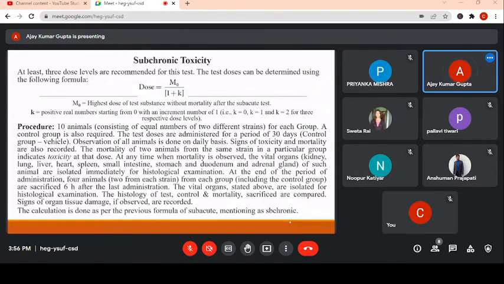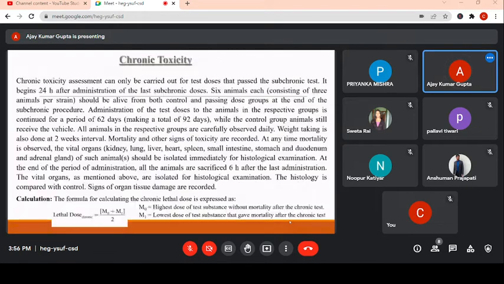So this is the subchronic toxicity, and after the subchronic toxicity, there is chronic toxicity. Chronic toxicity assessment can only be carried out for test doses that pass the subchronic test. In a similar fashion as we had seen, after the successful completion of the acute, the subacute was performed.